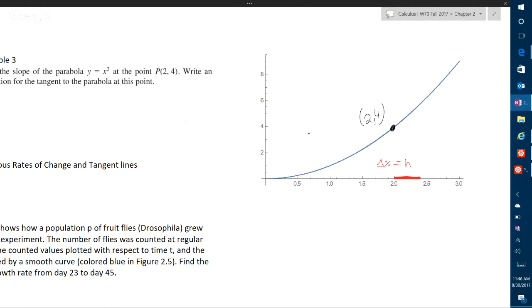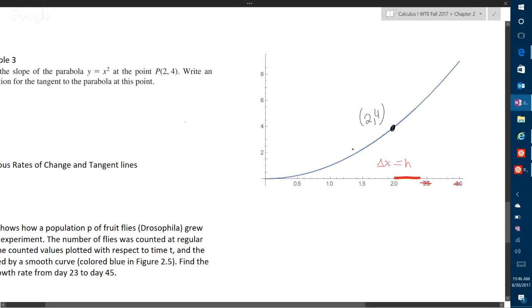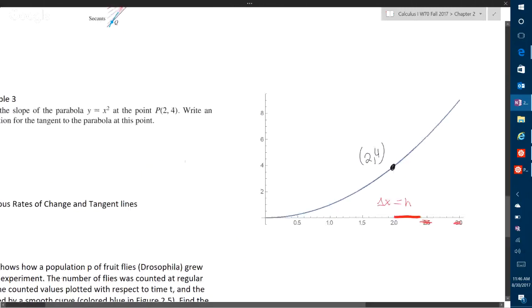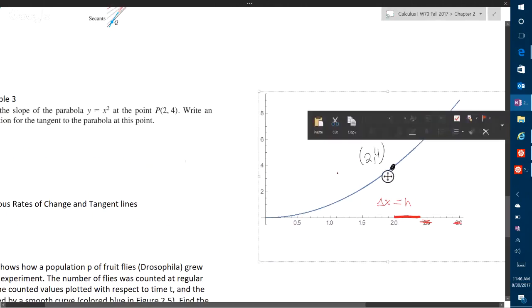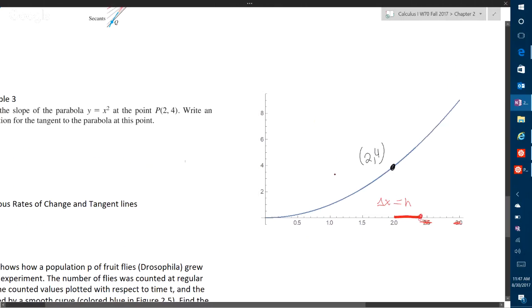Well, I tried to draw it so that it's a little more general. Don't look at these numbers right now. Okay. So we're starting at 2. My length is h, but I'm not specifying a number for h. I just want to keep h in general. So this point down here would be whatever I'm starting at, which is 2, plus the h value. That's what this point would be in the end.